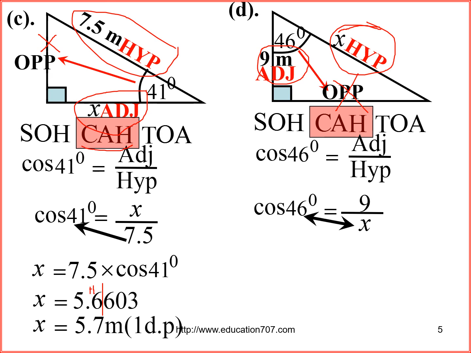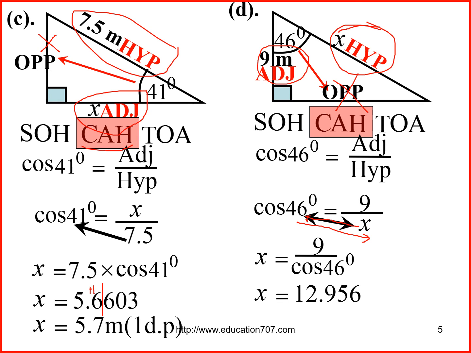So here we cross multiply. X on the right hand side is a division, when it goes to the left hand side it becomes multiplication. Cos 46, when it goes to the right hand side, becomes division. So x is 9 divided by cos 46. Using a calculator we obtain 12.956. So to 1 dp, the second decimal place is 5, so we add 1, and it becomes 13.0 meters to 1 dp.